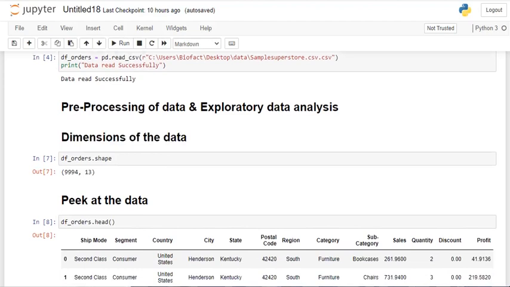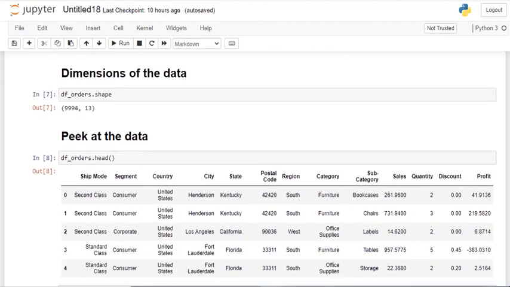And come to the dimensions of the data. Here, the shape of the data is 9994 rows and 13 columns, which is the exact size of the data set provided.